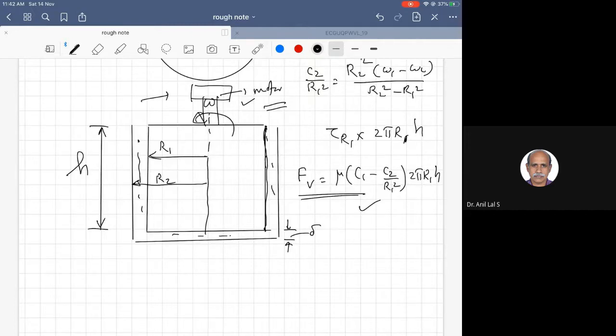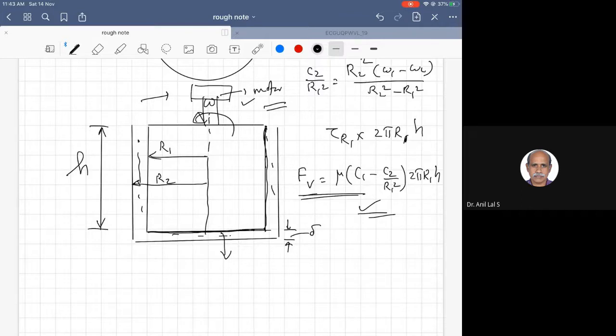Theoretically, the torque can be related to this, but the difference is that the bottom wall also participates in the rotation. So there will be a viscous force on the bottom wall, which is also called drag. There will be a drag force on the bottom surface.